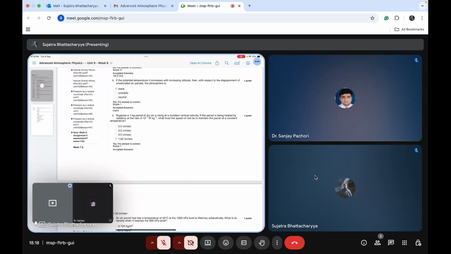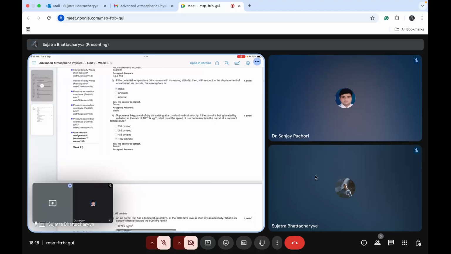A 1 kg parcel of dry air is rising at constant vertical velocity. If the parcel is being heated from the surface at a rate of this, what must be the speed of rise, that is the vertical velocity, if the parcel maintains a constant temperature? That is the question.